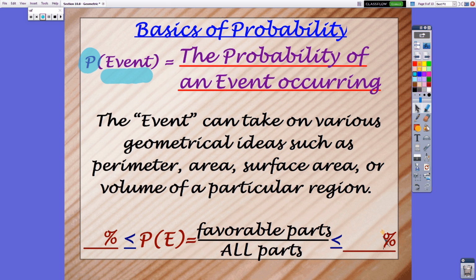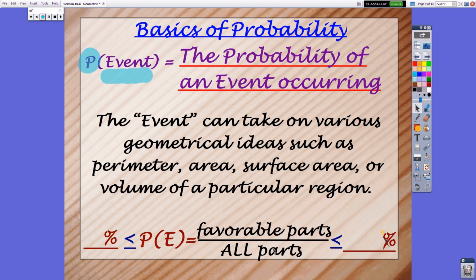So down here we've got the probability of E, of an event. I'm just shortening event into a single letter. It's equal to the ratio or the fraction of all your favorable things that you want to happen for that event, divided by all the parts that really could happen in that scenario.